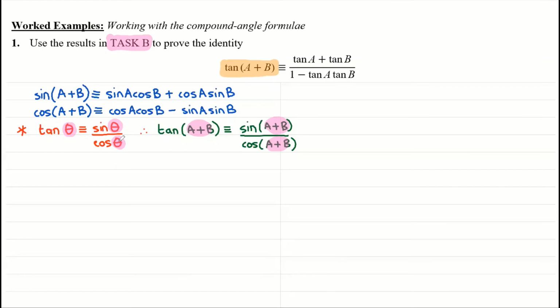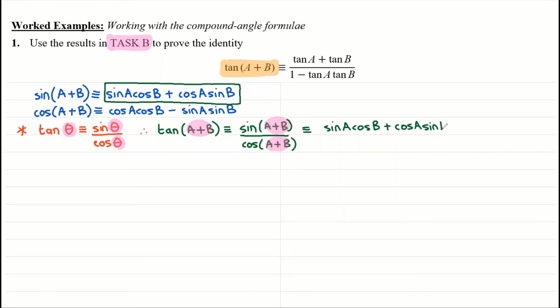So what can we do with this? Well, we have identities for sine of a plus b. So I can continue this without doing too many mental gymnastics. I can now say, well, the sine of a plus b is what I've got written up here. So that's just going to go in for the numerator, isn't it? So I'm going to have sine a cos b plus cos a sine b.